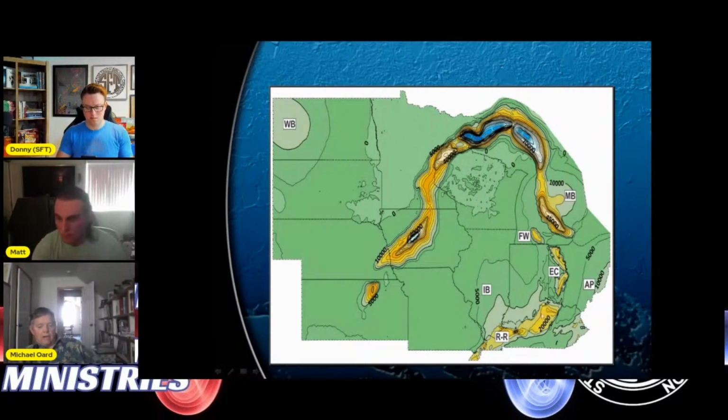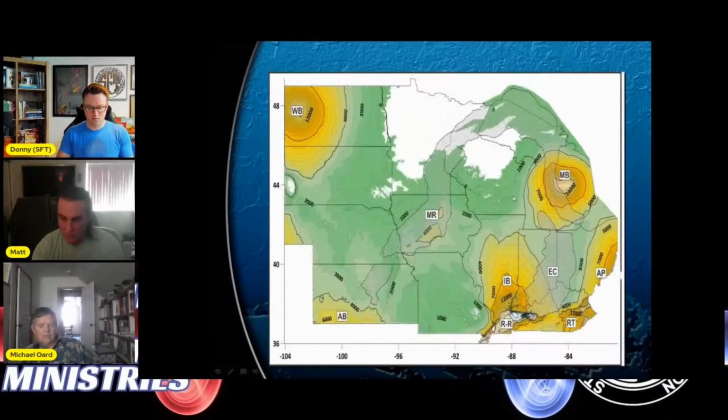Monstrous crack. Then you have these basins like the Williston Basin, very circular, and the Michigan Basin, which I think are impact craters, which shows up pretty well on another slide that John Reed did. And there's other basins.